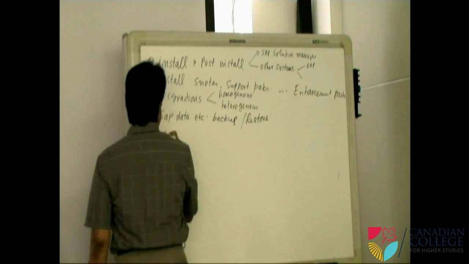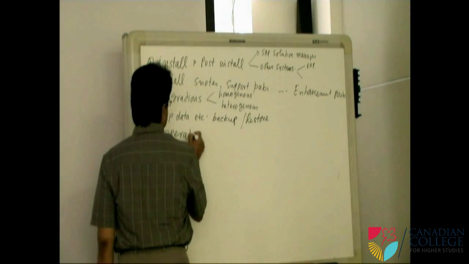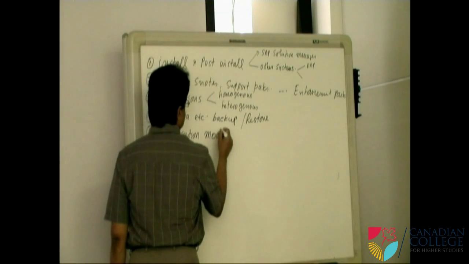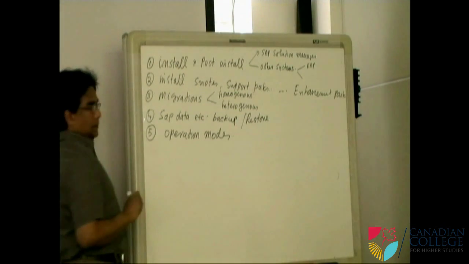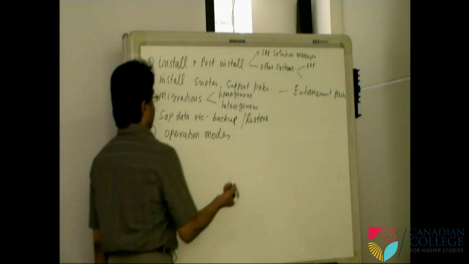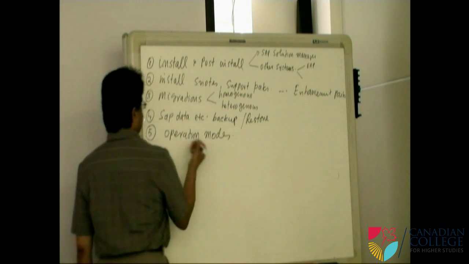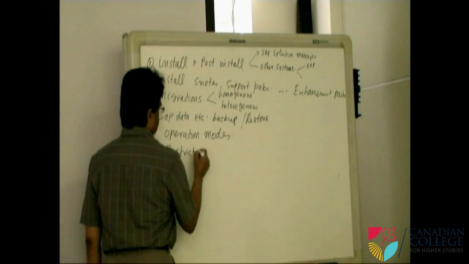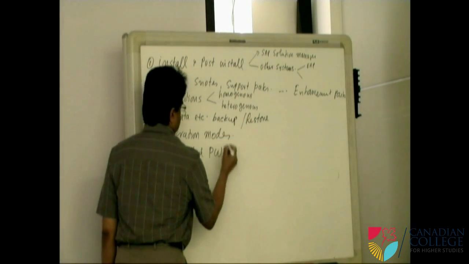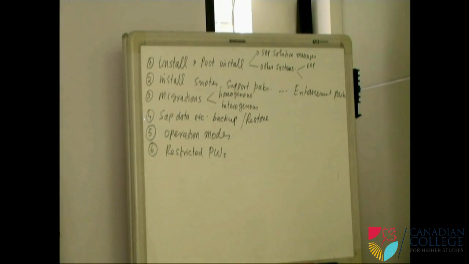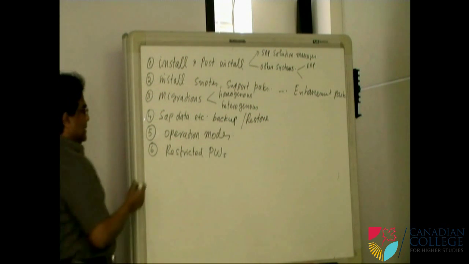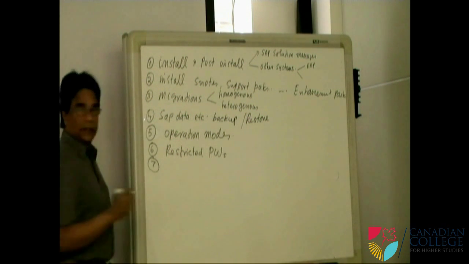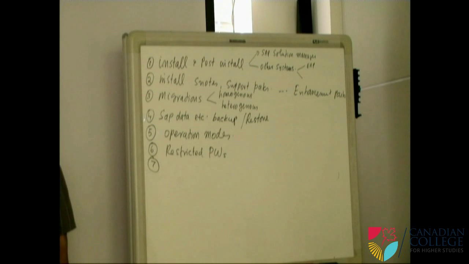Maybe he has to set up operation modes. Maybe if required, setting up restricted passwords. Some passwords are not allowed, right? Security is not his job. Securing the SAP system is his job.